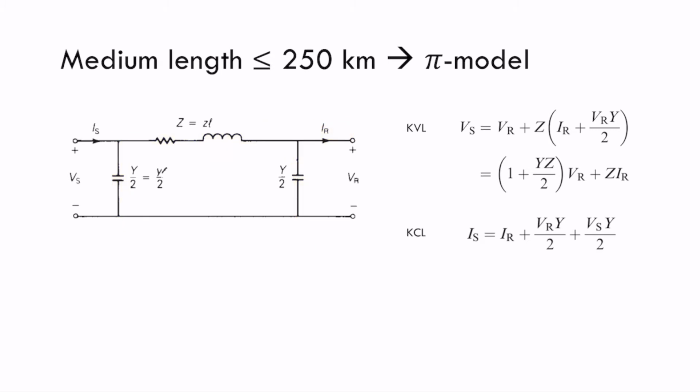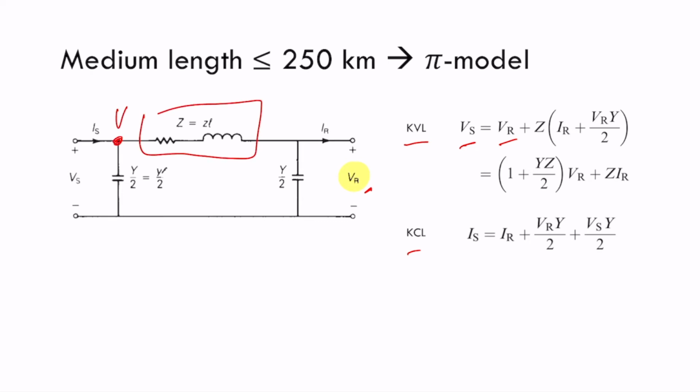Well, how can I fill this matrix? We can again use the Kirchhoff laws, so voltage law and current law. So I know the voltage in the source and the voltage in the receiving end. The voltage in the source will be what we have in the receiving part plus the voltage drop in this line.